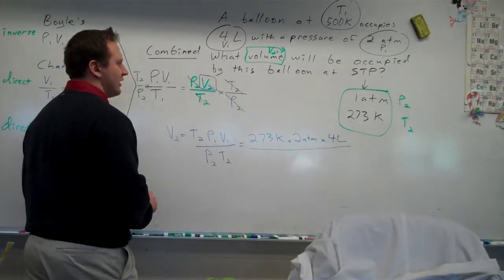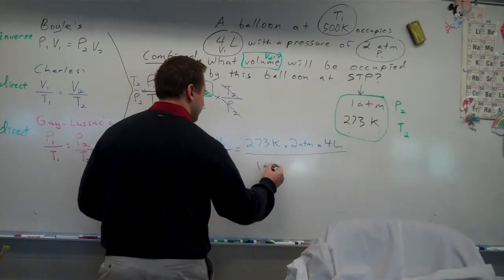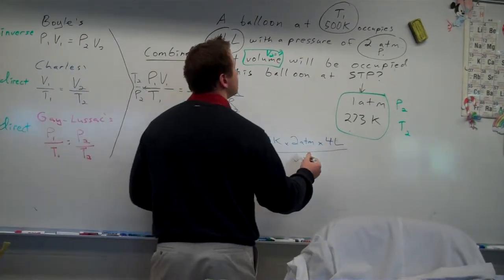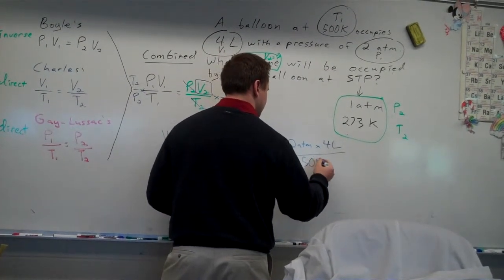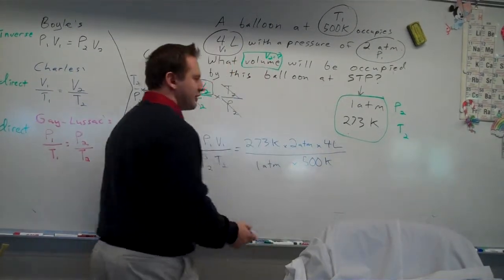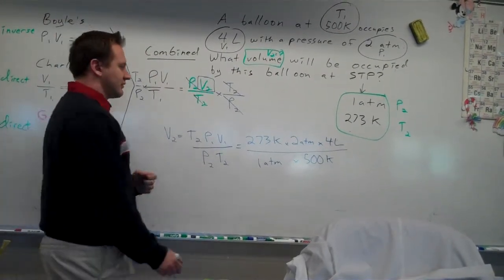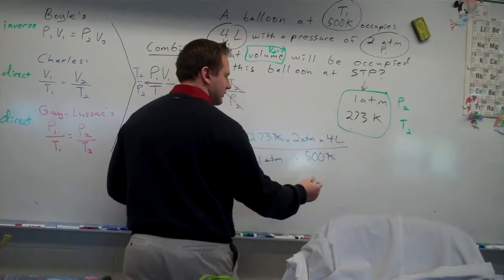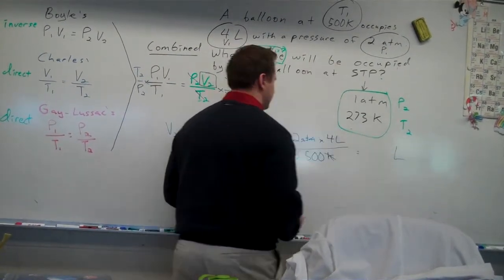And that's all going to be divided by 1 atmosphere of pressure and 500 Kelvin. So you're going to see when we do this problem, the units that cancel out are Kelvin and atmospheres, and our answer is going to be in liters.